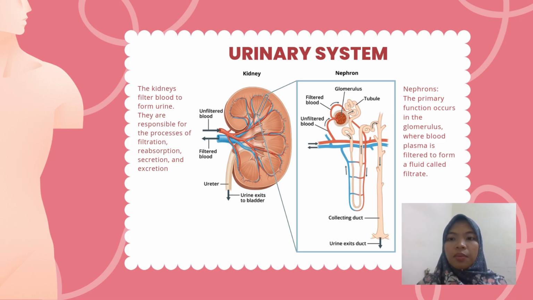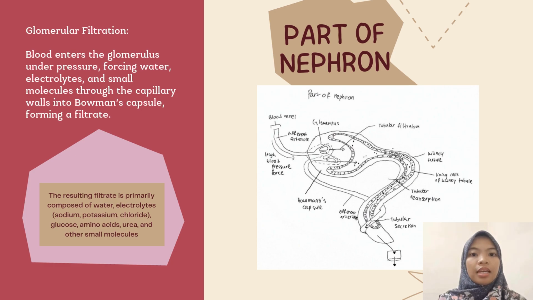The nephron's primary function occurs in the glomerulus, where blood plasma is filtered to form a fluid called filtrate. So this is a process of filtration in urine formation.